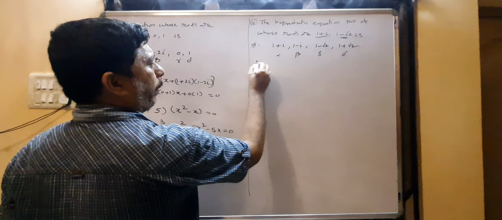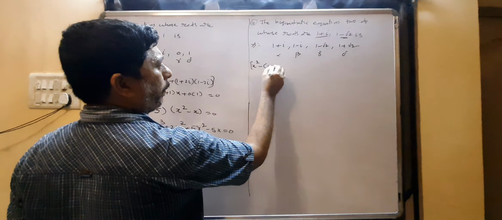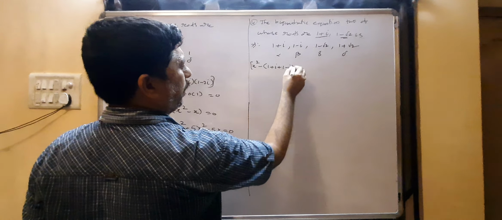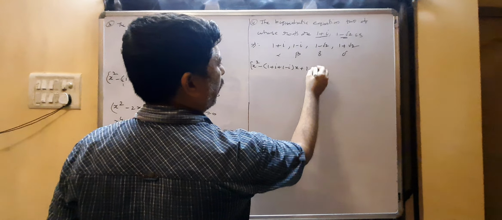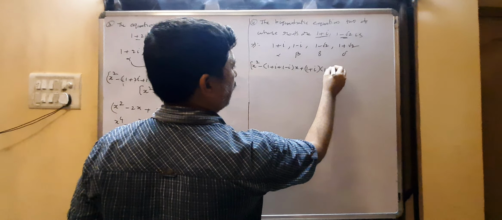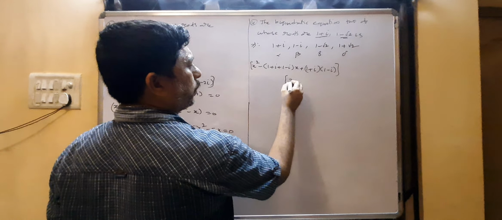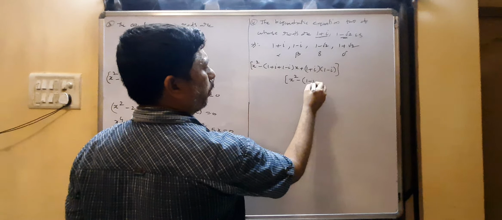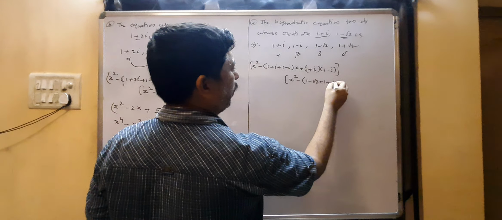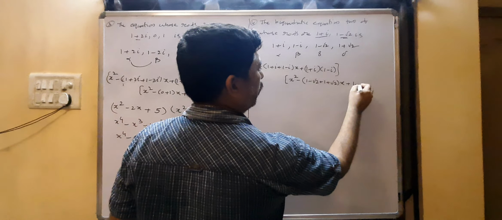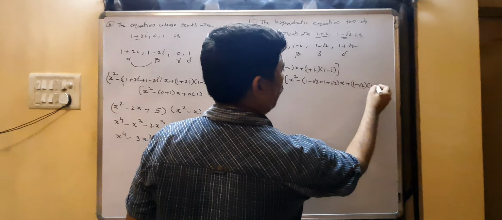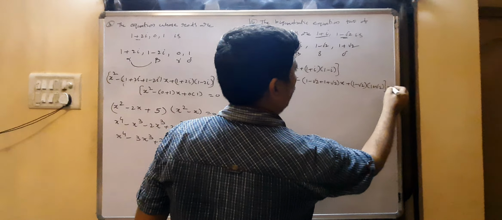x square minus the sum of the first two roots, 1 plus i plus 1 minus i, into x plus the product of the roots, 1 plus i into 1 minus i, into x square minus the sum of the roots, 1 minus root 2 plus 1 plus root 2, into x plus the product of the roots, 1 minus root 2 into 1 plus root 2, equal to 0.